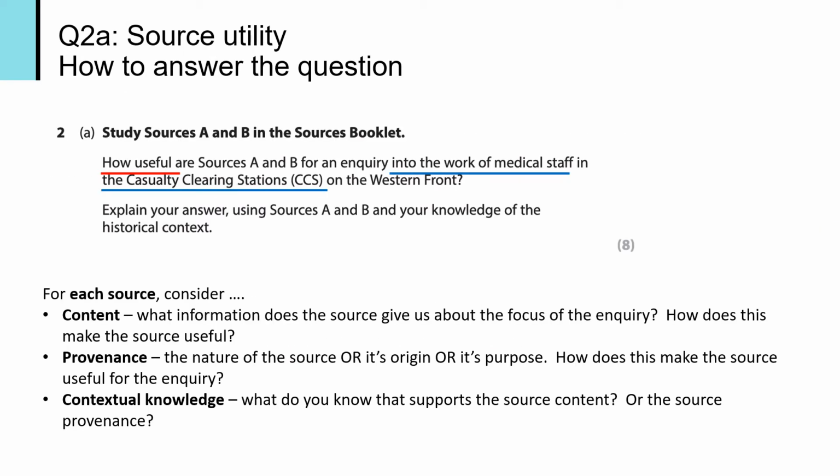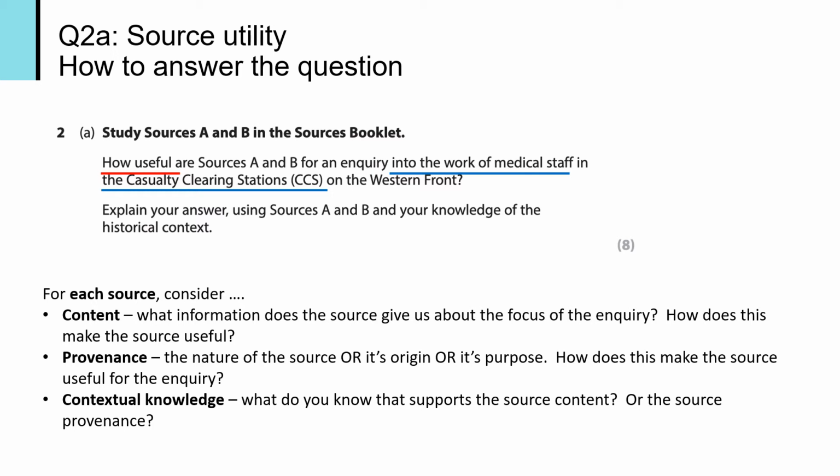So how should you answer the source utility question? We're going to go back and think about our question on the Medicine in Britain paper, looking at the work of medical staff in the casualty clearing stations. For each source, you should try to use the content.